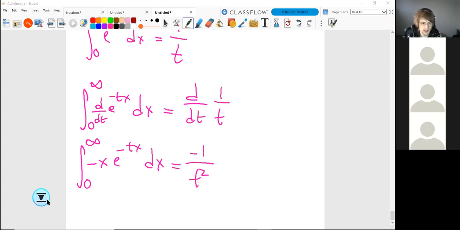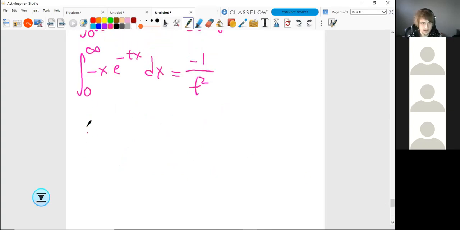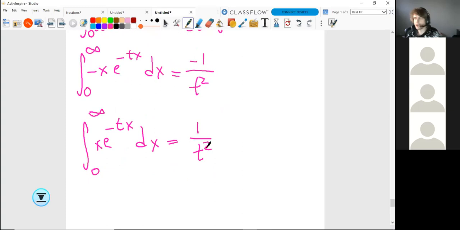Or another way of saying that is the integral of x e to the minus tx dx from 0 to infinity is equal to 1 over t squared. So we actually could prove this by integration by parts, but we kind of got it for free just by differentiating under the integral. Can someone confirm for me using integration by parts that this is what we get?